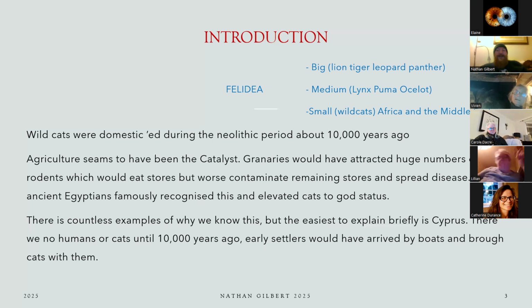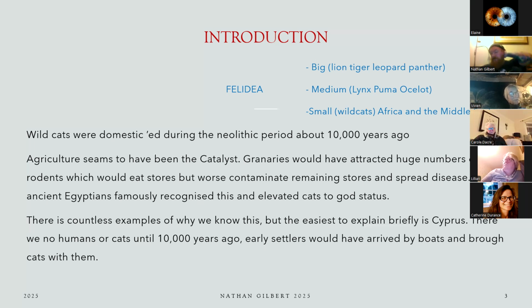So the cats probably turned up in response to the rodents. They probably went, oh, there's a new food source. The grain and the vegetables attracted the rodents, and the rodents attracted the cats. And we very quickly established a symbiotic relationship with the cats.